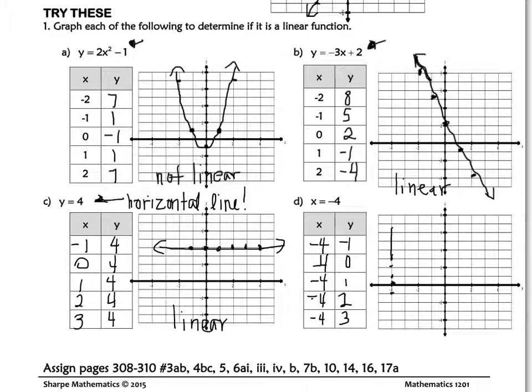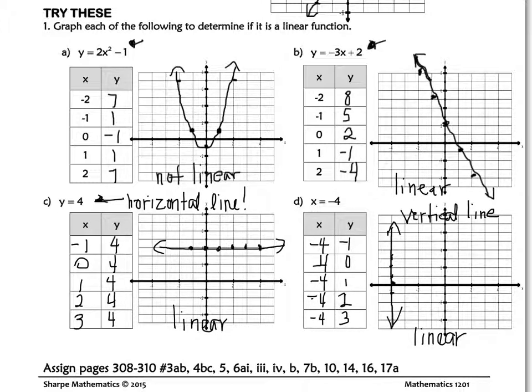So it's basically a straight line that goes through the same x coordinate of -4. So this would be what we call a vertical line. And this would be linear as well.